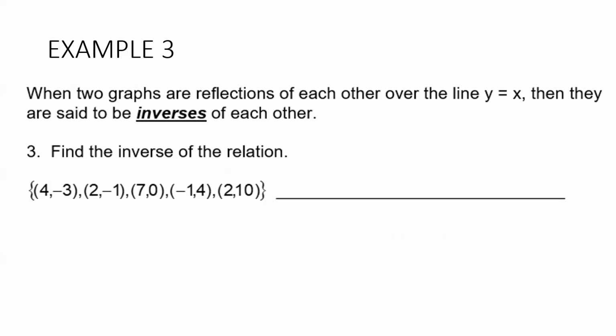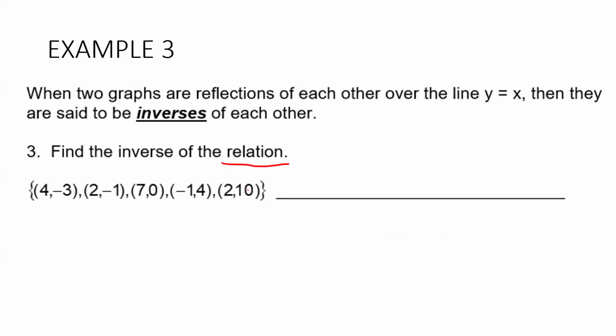Can someone remind me, how do we know if a relation is a function? If your x's do not repeat, then it is a function. If your x's do repeat, then it's just a relation. Notice how I call this a relation.